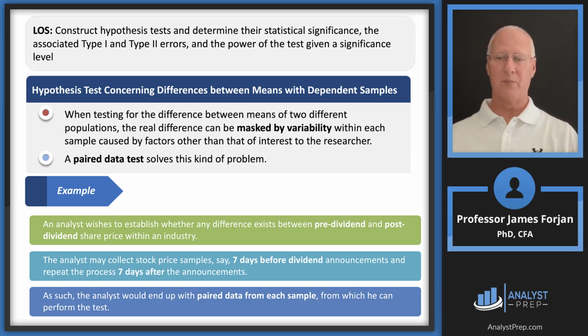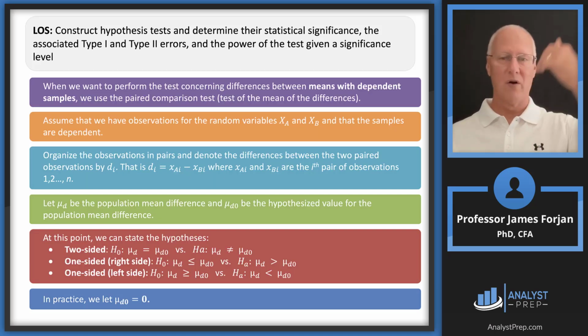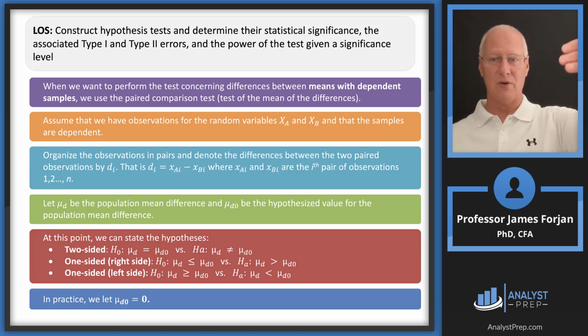What we can do is pre-dividend, post-dividend, we can collect samples, say 7 days before, 7 days after. And so that's one time period, and that's another time period. So the stock is trading pre-dividend and post-dividend. Those are probably different kinds of samples. So what you can do is this paired difference test.